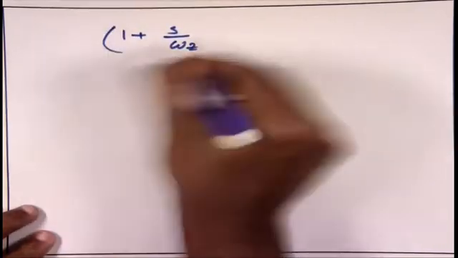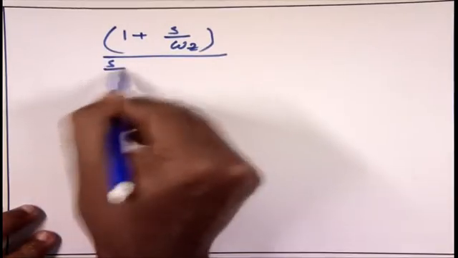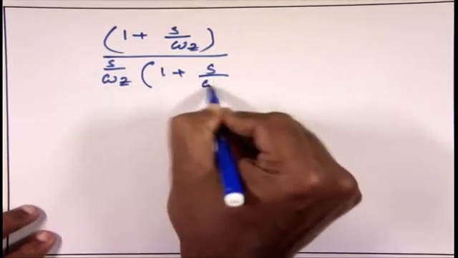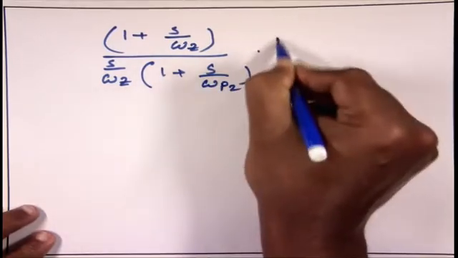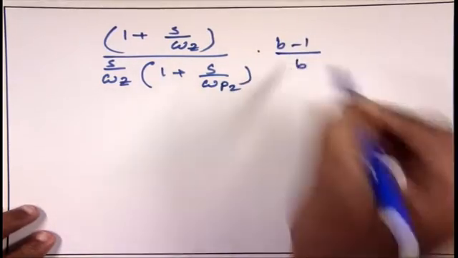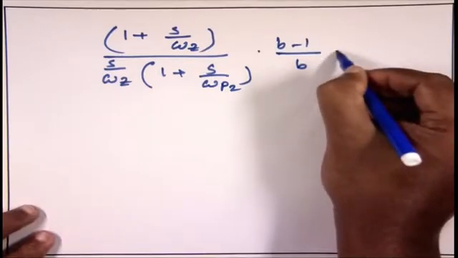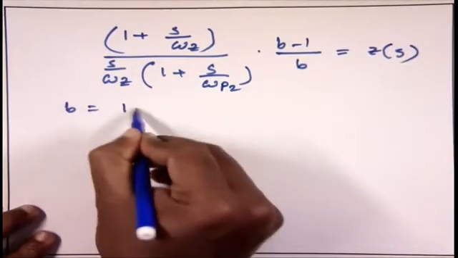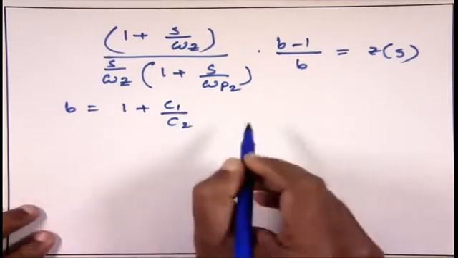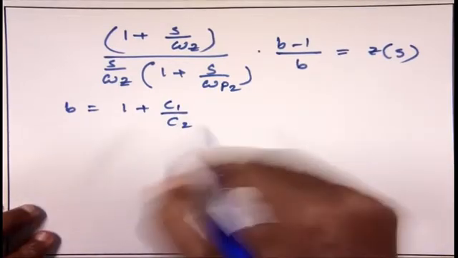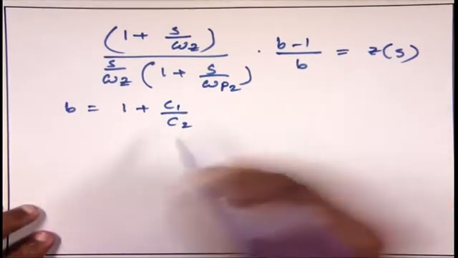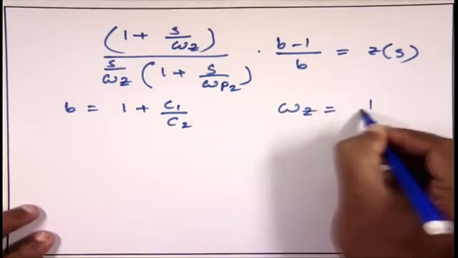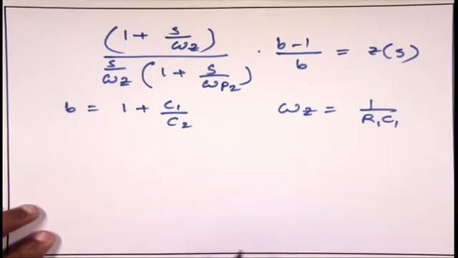I am just writing the transfer function domain, where this will be my ZS, where B is nothing but 1 plus C1 by C2. You can derive this, it is not that difficult. And omega Z is 1 by R1 C1.